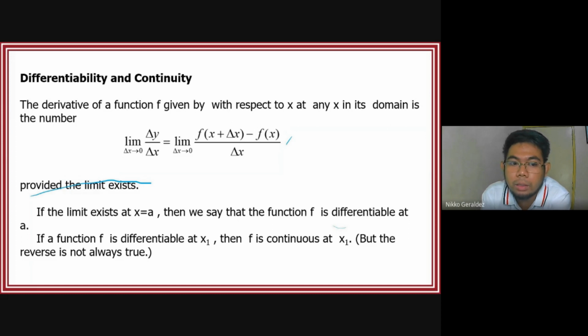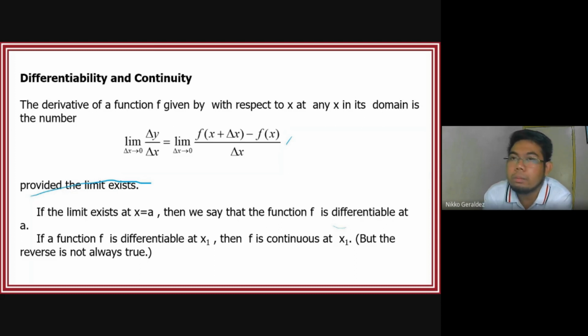Then if a function f is differentiable at x sub 1, then f is continuous at x sub 1. But the reverse is not always true. So it says here, if the function is differentiable, the function is continuous.